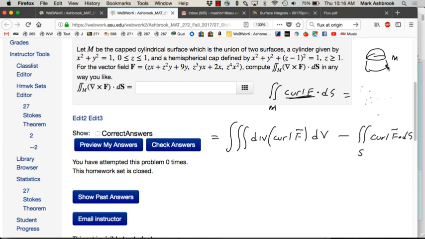Because z equals 0 and it's a nice easy disk, this might be easy to do, and the solid may be easy as well. But notice, this vector field is the curl of another vector field, and so I need the divergence of that. I was hoping we'd have time to crank that out and see if we got the right answer, but we don't. That's the roadmap for that.